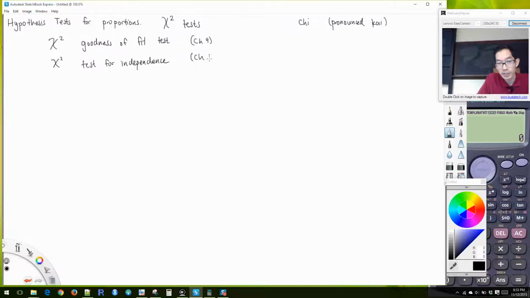And this is covered in chapter 10. Okay? And so the difference between the goodness of fit test and the test for independence. I'm going to just write GOF for goodness of fit test. Here we are looking at just one categorical variable.